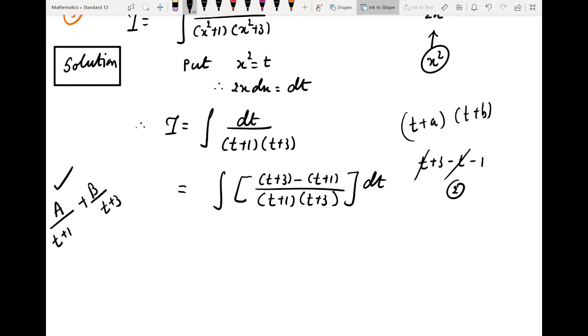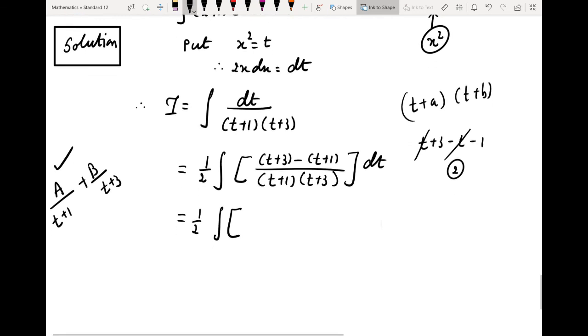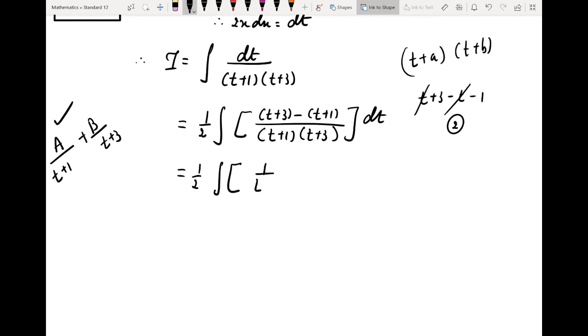So in the numerator there is an additional 2; to remove it we divide by 2. So this is 1/2. Now divide each term by the denominator: 1 upon t plus 1 minus 1 upon t plus 3 dt. So you can observe it is integrable.